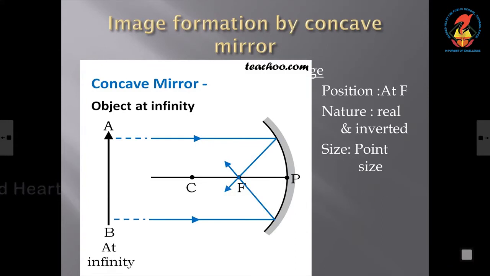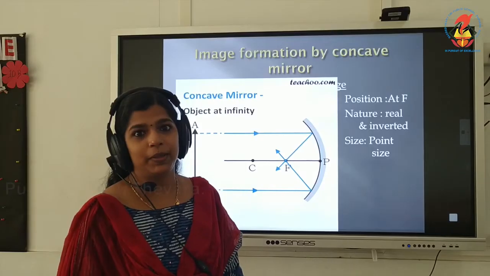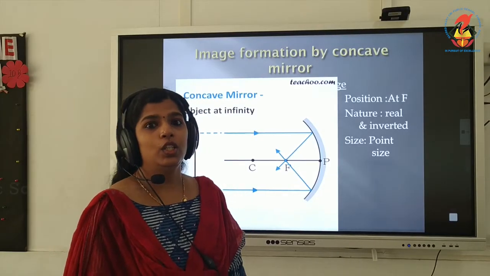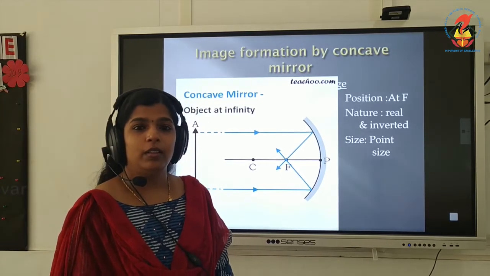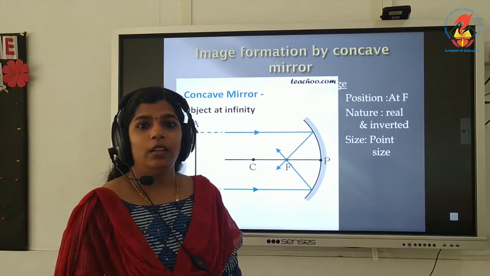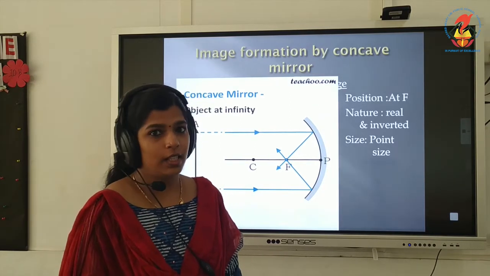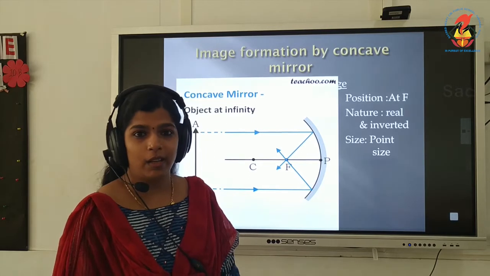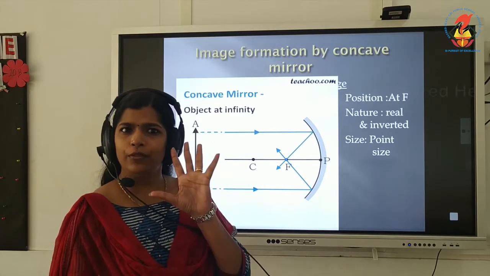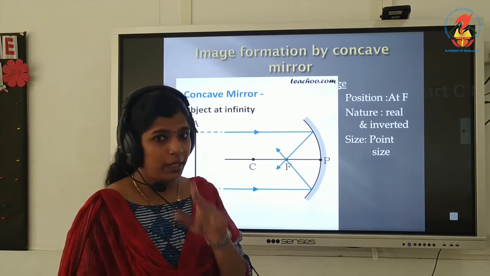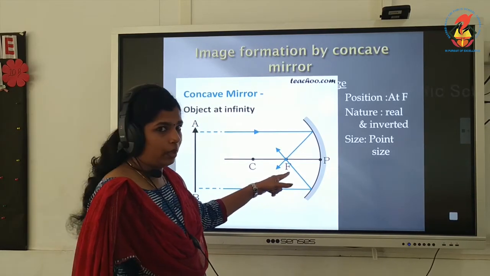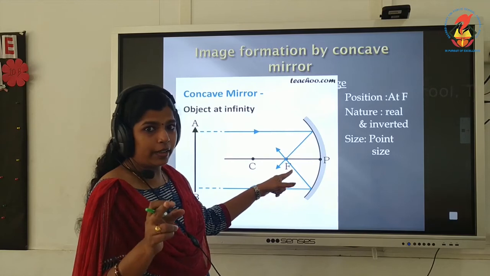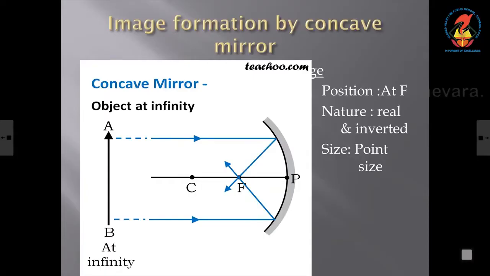Object is at infinity. The sun can be considered as an object in this example. When you keep a concave mirror to focus the sun's rays, all the reflected rays will meet at a point, and that point is known as the principal focus.